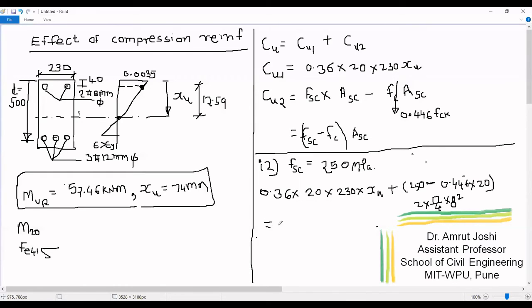This must be equal to 0.87 Fy AST. With this, now let us try and find out what is the value of XU.